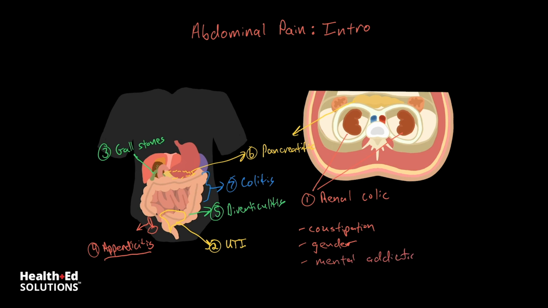So if you have a patient with any of these conditions presenting with abdominal pain, you need to stop and think, use metacognition, think about your thinking, and really slow yourself down and think about what could be going on. Ask yourself if there are any alternatives to what you think may be going on. So if you're making assumptions that it may be constipation, or that it's drug-seeking behavior because of a history of addiction, stop and think and say, can this be something else?